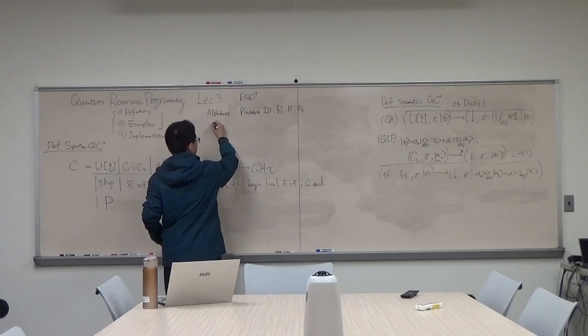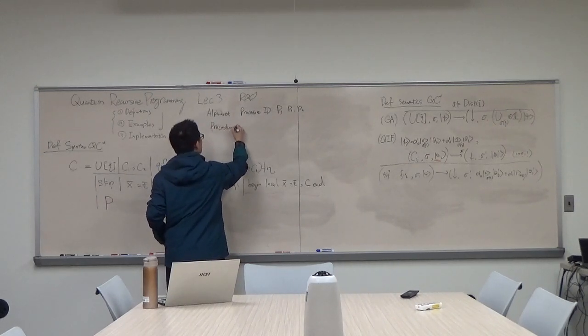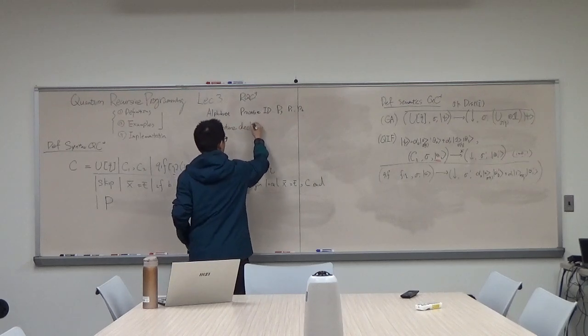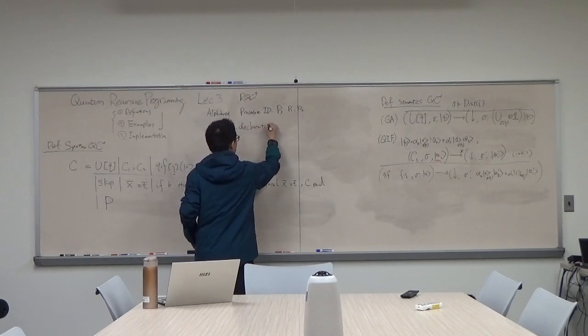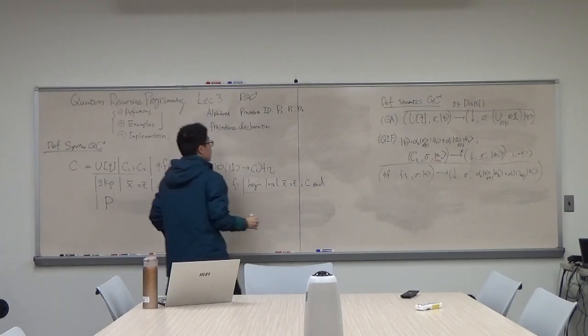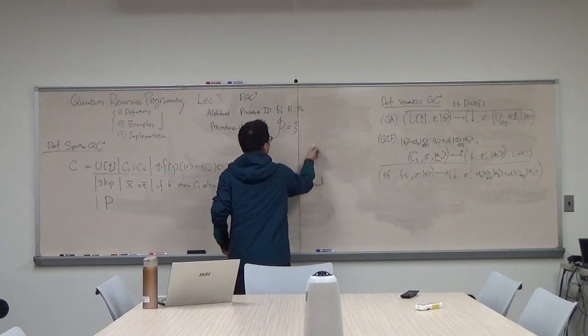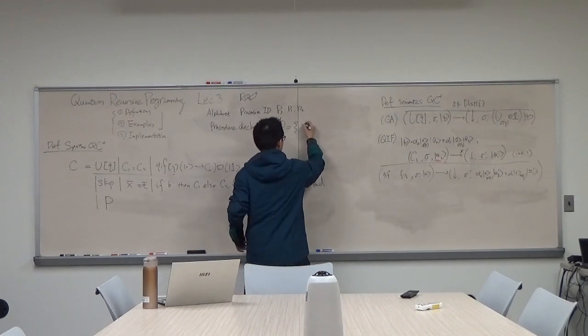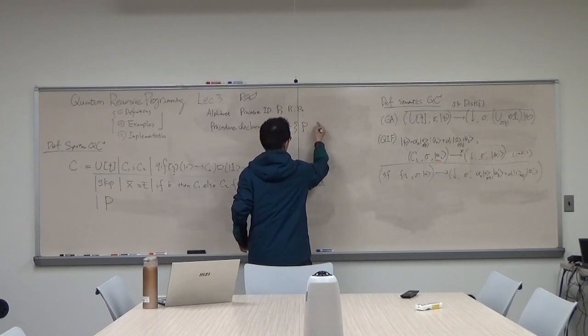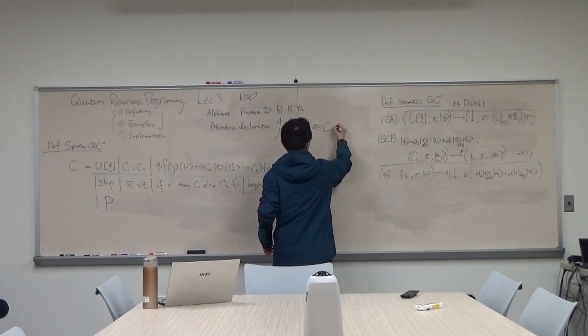Then we also need the notion of procedure declarations. A procedure declaration is a set that consists of, for example, Pi defined to be some Ci.